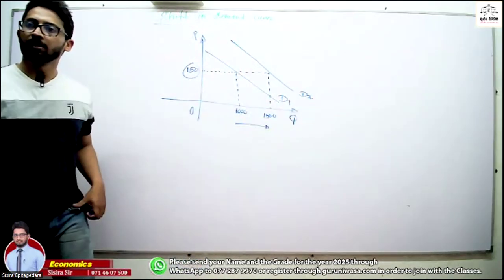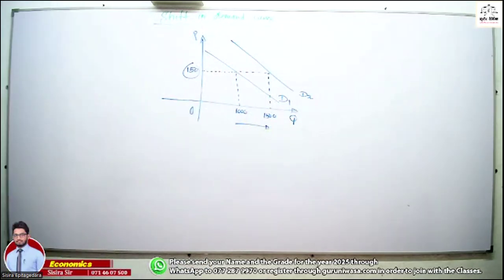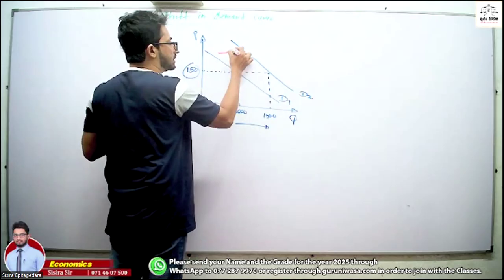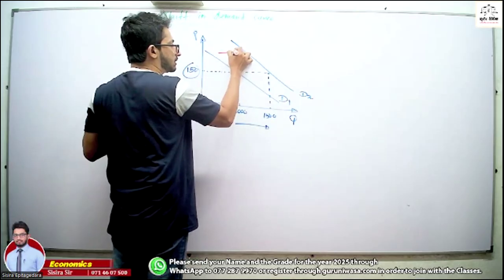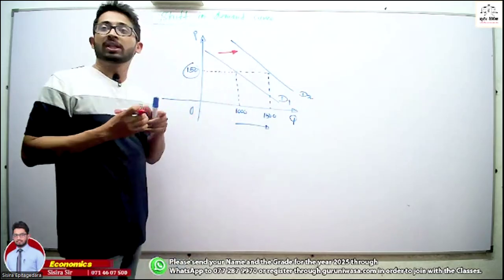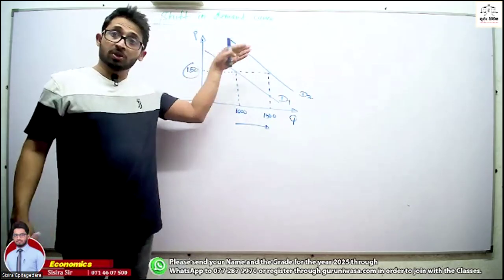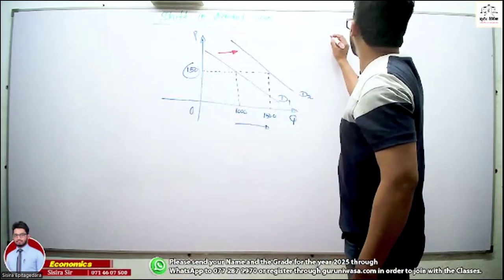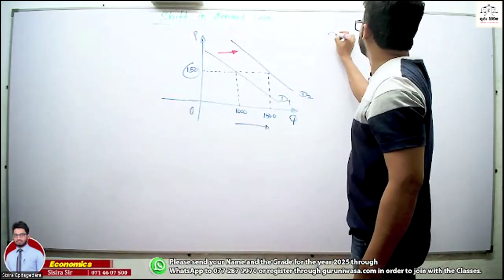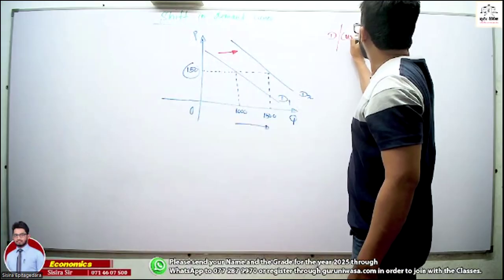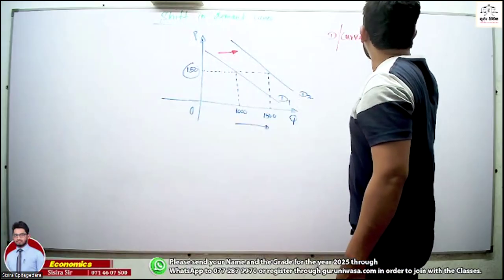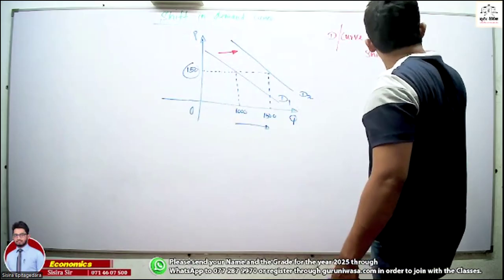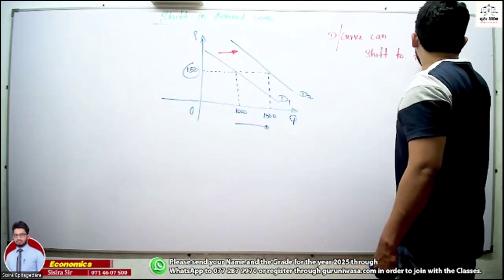D2, right? This is called the demand curve shifting to the right side. You should be able to show the direction; this arrow shows the direction. Is that clear? The demand curve can shift to the right.